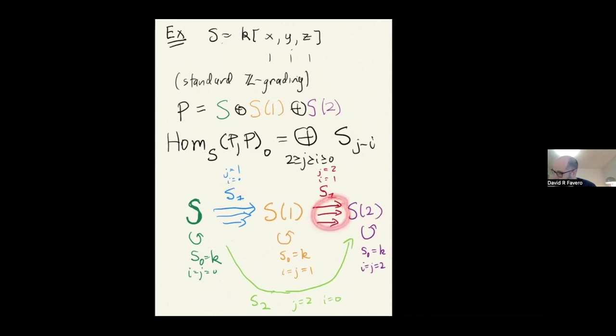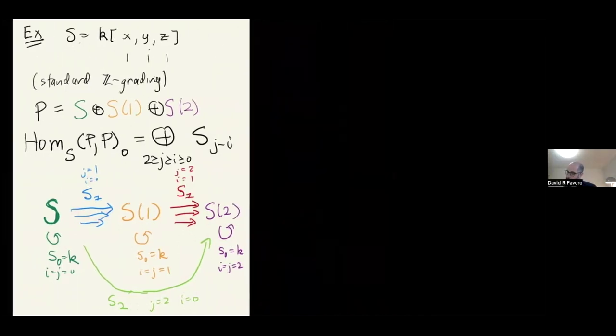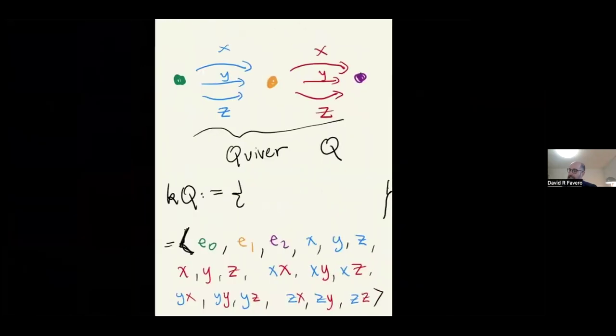And here it's just repeating. Here I would have quadratic terms, but it so happens that in this example, all quadratic terms are combinations of the linear terms. So this thing is called the Beilinson quiver.